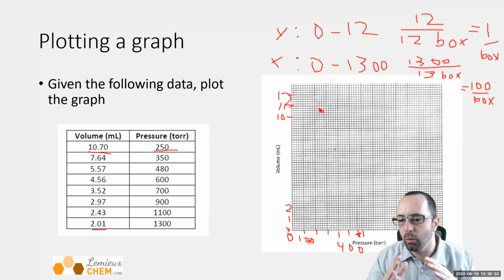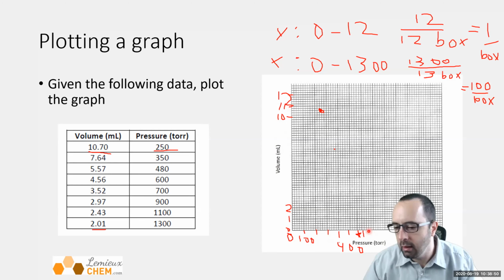For example, right here, if I decided to do 200 for every tick mark here, I would get to 1300 right about here. And then the rest of my graph would be worthless because there's no data there. So that's not ideal. You want your data to spread out so you can read it better.